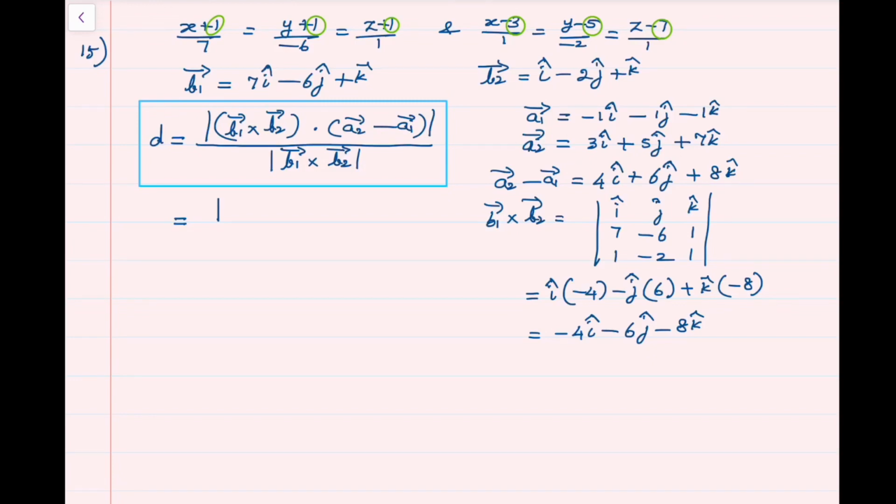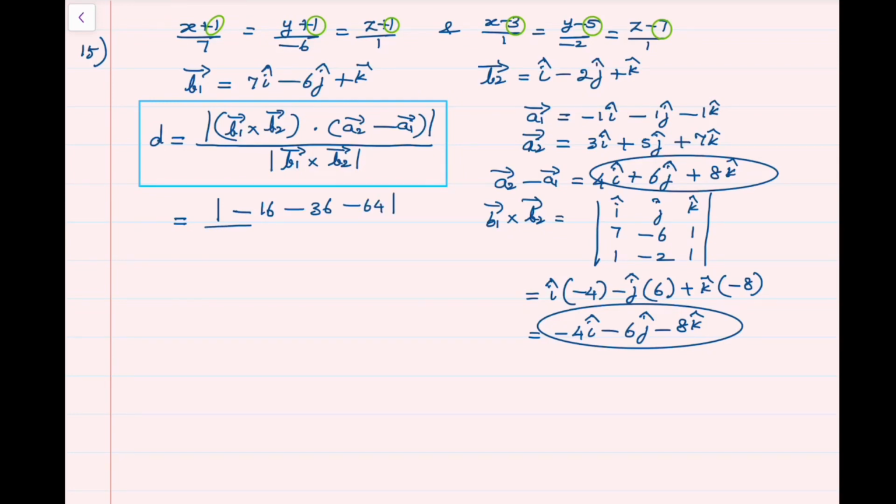Therefore, the shortest distance becomes, we have to find the dot product of these two vectors. Multiply the corresponding components and add. Minus 16, minus 36, minus 64.